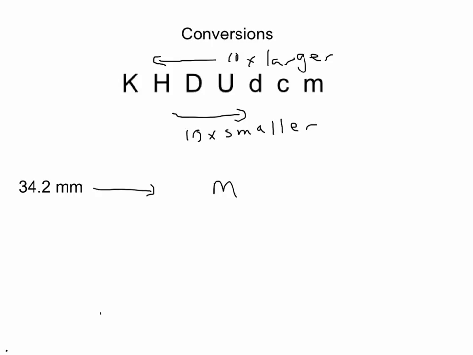I'm going to do the exact same thing with my number. So if I rewrite my number, 34.2, and I move my decimal 3 places to the left. So here's my decimal point, and I'm going to move it 1, 2, 3 places to the left, and this empty space here will become a 0.